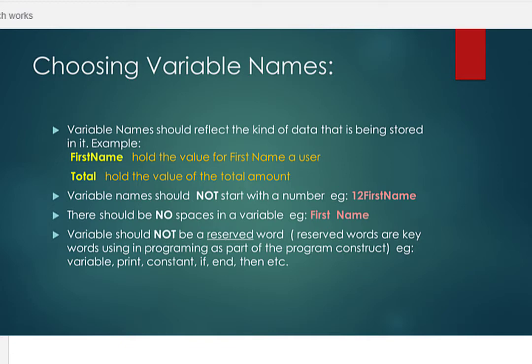A next criteria, or something that we should avoid, is using numbers before letters. Let's say, for example, you notice that our variable name was num1. We had num1, right? But we did not have 1num as a variable name.